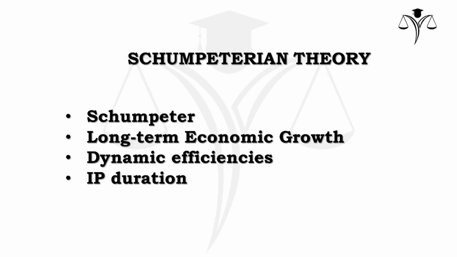Schumpeterian theory. This theory is propounded by Schumpeter, and its core principle is driving long-term economic growth through temporary monopolies. It emphasizes that there should be dynamic efficiency.